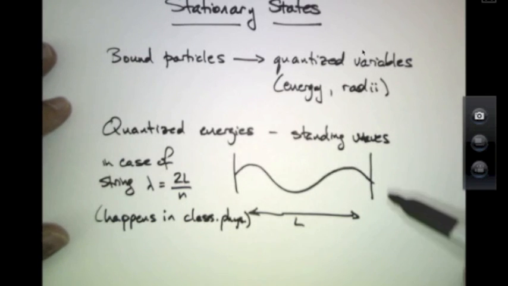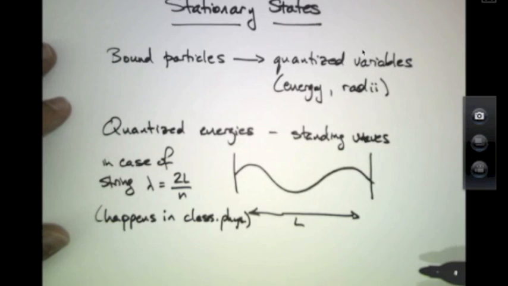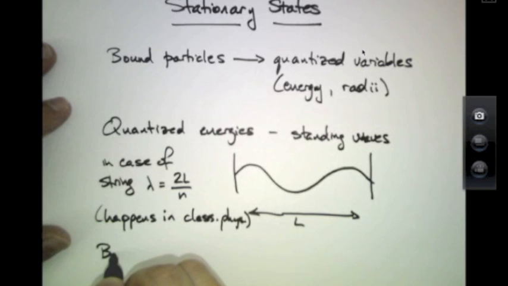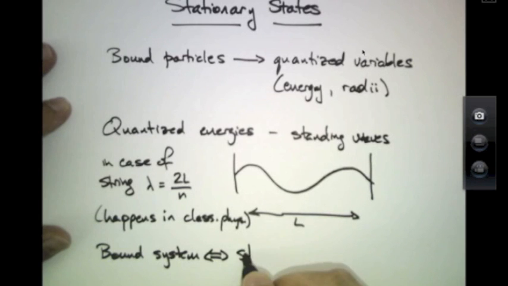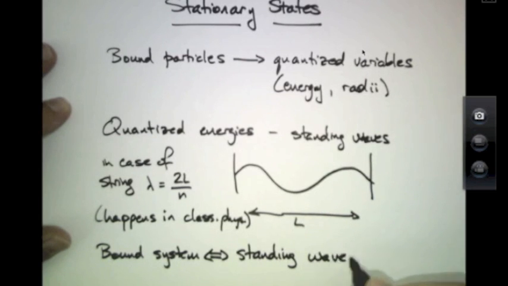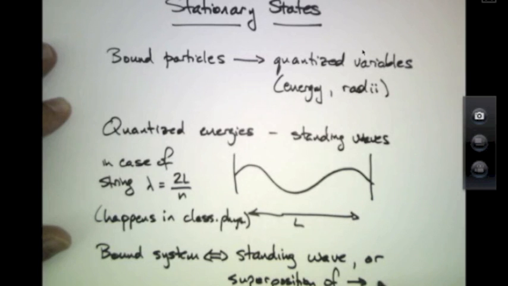And as a result, this wave here is no longer a traveling wave, either moving to the left or the right. It's actually a standing wave, or a superposition of a right traveling wave and a left traveling wave.